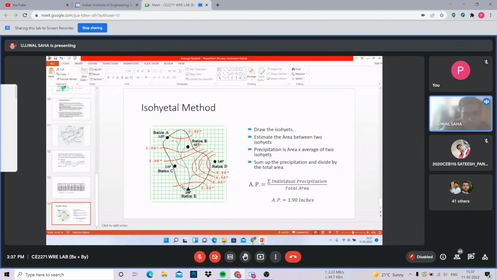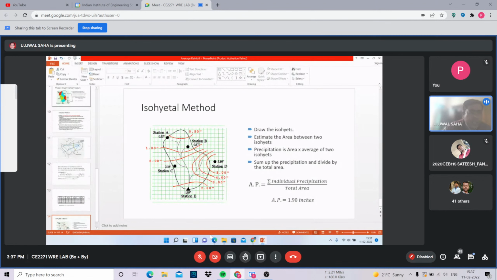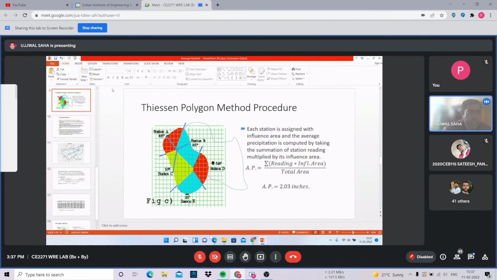Now I will show here how, using the graphical method, you can calculate the area. Suppose we take this Thiessen polygon around station E. To calculate the area, we know this is 1 millimeter per 1 millimeter in the graph paper, so 1 square means 1 square millimeter.